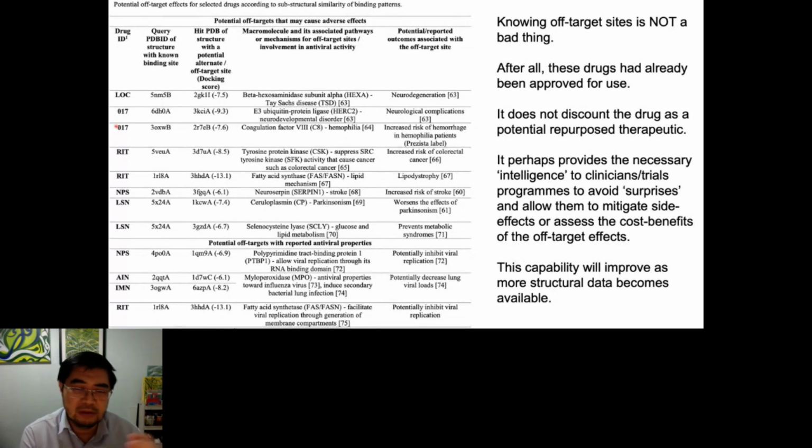For example, if it's known to bind to a particular protein that can cause something, previously it was just an observation and the mechanism of how that was happening is not known. We hope that we could provide some insight as to how that side effect is occurring. And in the future, we're hoping this perhaps provides the necessary intelligence to clinicians and trial programs to avoid surprises during clinical trials.